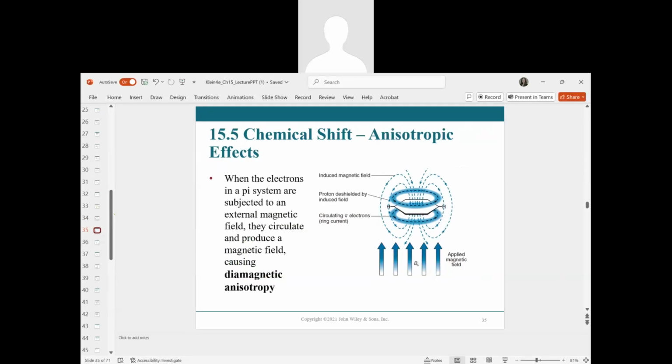There's also this anisotropic effect that can occur. This is showing in a ring structure, such as a benzene ring here. These electrons are in this pi system. When they are subjected to an external magnetic field, they begin to circulate and produce a magnetic field, which we refer to as diamagnetic anisotropy. So again, we can see that magnetic field applied and this circulation occur, and then this induced deshielding from this magnetic field.